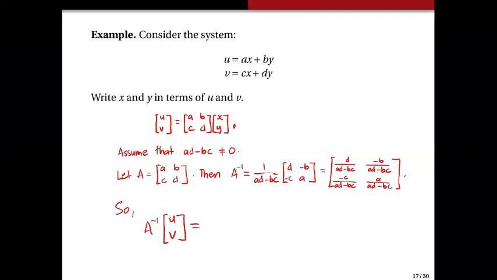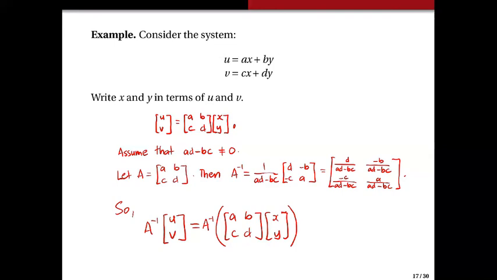This should be equal to A inverse times the matrix (A, B, C, D) and then times the vector (X, Y) on the right. If we consider the grouping, you have this grouping first.